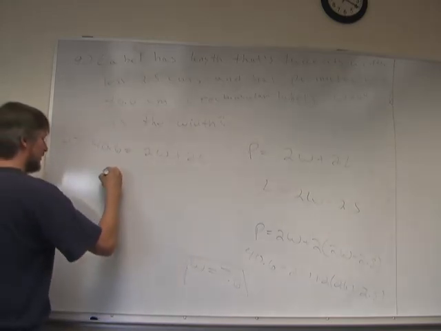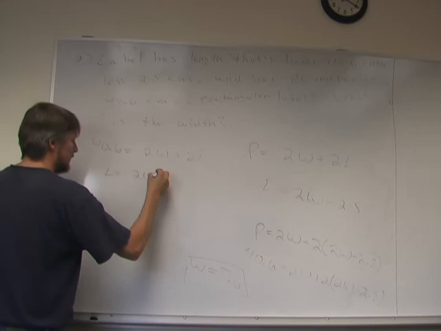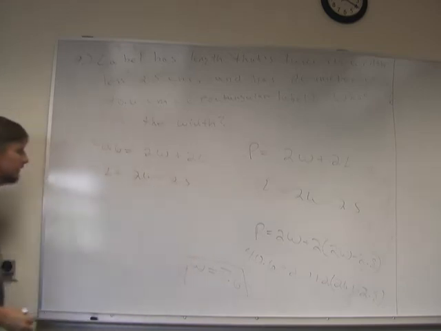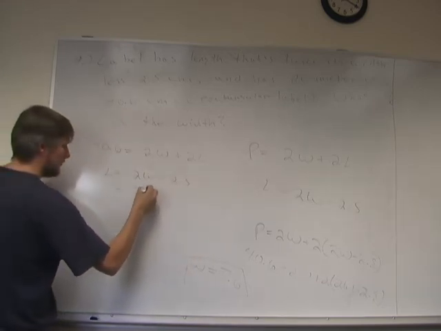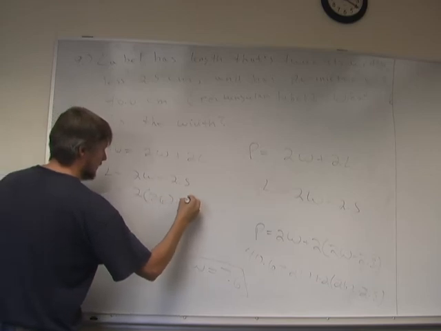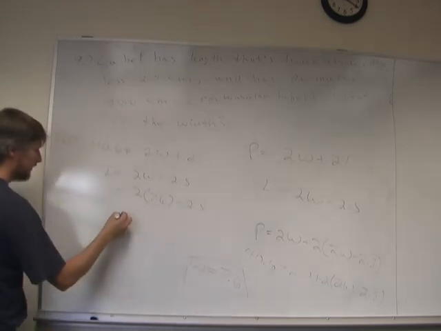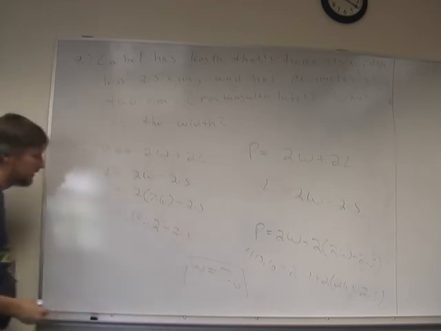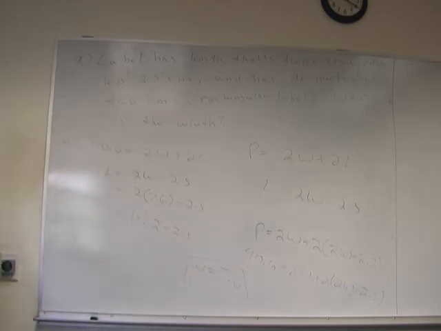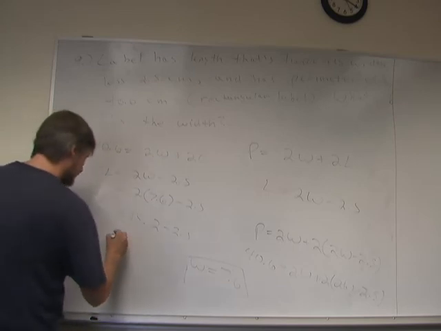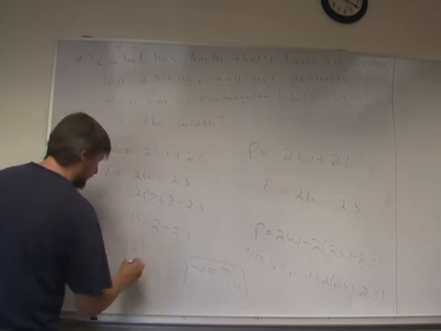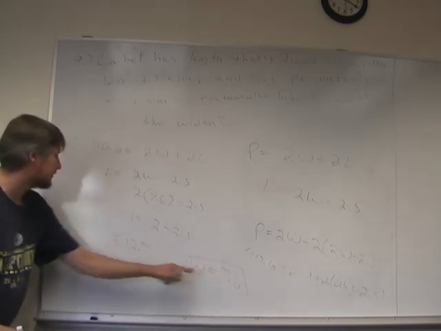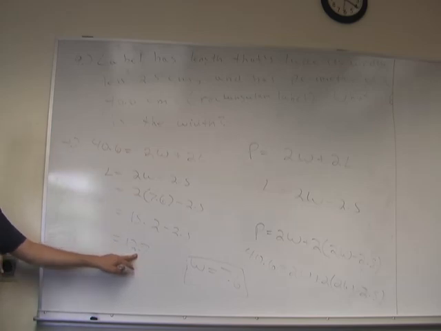Now our length is 2 times width minus 2.5, or 2 times 7.6 minus 2.5. This is going to be 15.2 minus 2.5. It comes out to 12.7. So with a width of 7.6, we're going to get a length of 12.7.